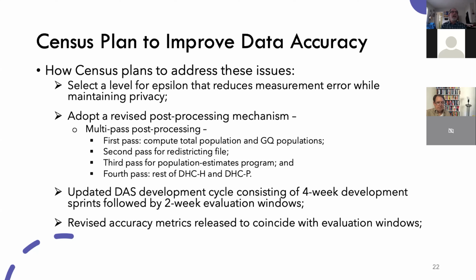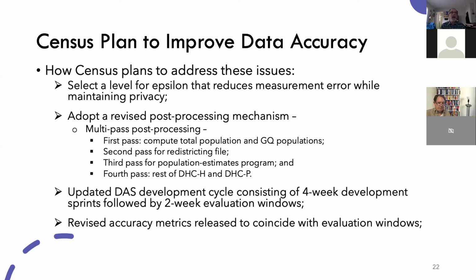Okay, they look to revamp their post-processing mechanism. So now, instead of doing it all at once, they're looking to set up what's called a multi-pass post-processing. It would be done in 4 passes. The first pass would compute the total population in GQ populations at the nation and state level. The second pass would construct the measurements for the redistricting file, subject to the totals in the first pass.